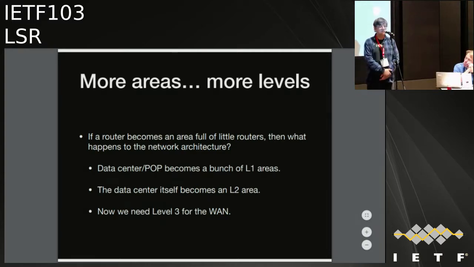If we have a bunch of level 1 areas for data centers, then maybe we need level 2 to handle the POP. We kind of want level 3 for the WAN. So almost certainly we want level 3.